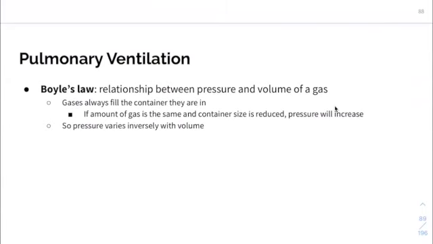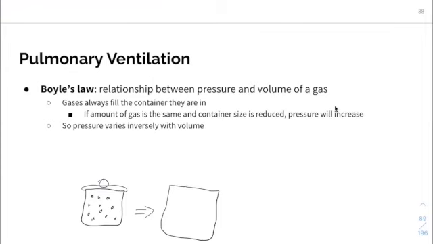So, Boyle's law. Boyle's law states that if I have a container here with a lid on it, and we have all these particles inside, and I were to increase the size of this closed container, the pressure of the gas inside the container actually goes down because you're giving that gas more space.